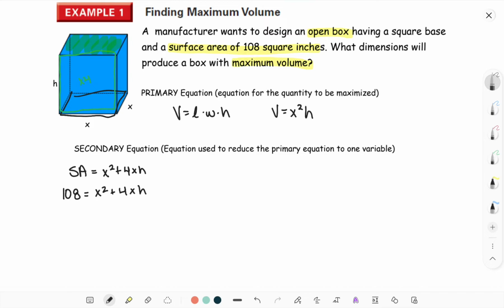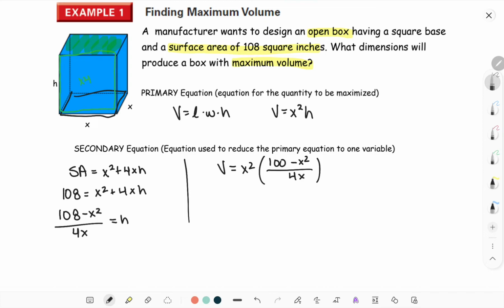And I'm going to isolate h because I'd like to work with x's, keep things in that independent variable. So I bring that x squared to the other side. I divide both sides by 4x, and I'm left with h. So moving forward, now I'm looking at the equation volume is x squared times 108 minus x squared over 4x.